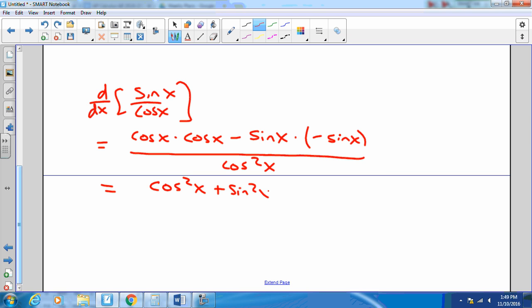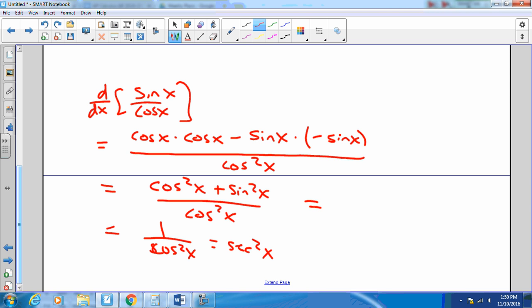And it's cosine squared x plus sine squared x. Yep. I know cosine squared x plus sine squared x is 1. Hang on one second, and I'll finish that thought. That's secant squared x, right?